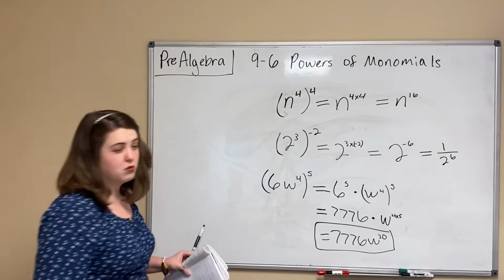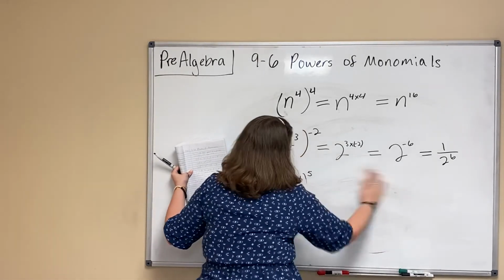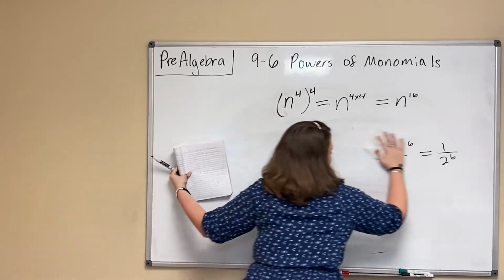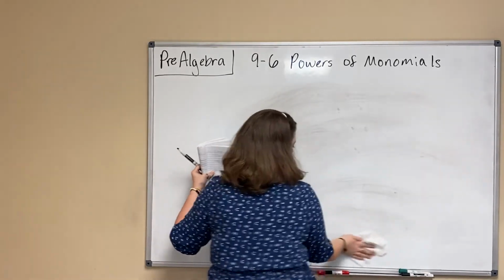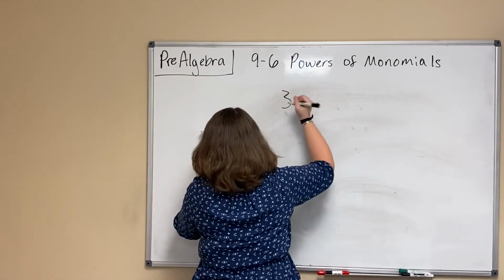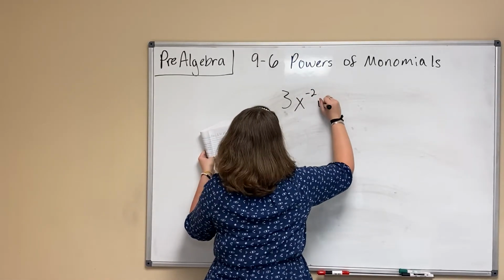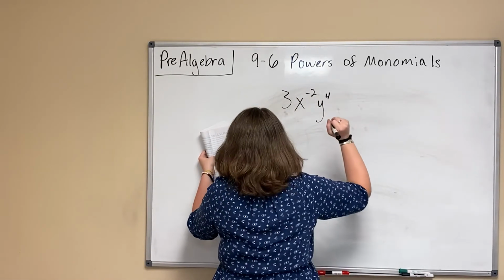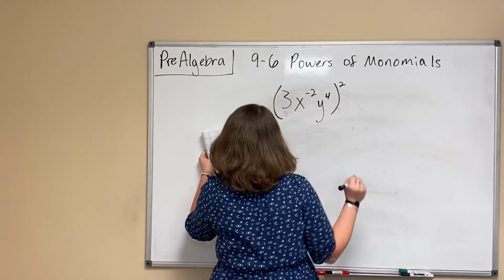All right, we're going to try one more that's just a little bit more complicated, and we'll see how we do. Okay, what if I had 3 times x to the negative 2 times y to the 4th, and all of that was squared?